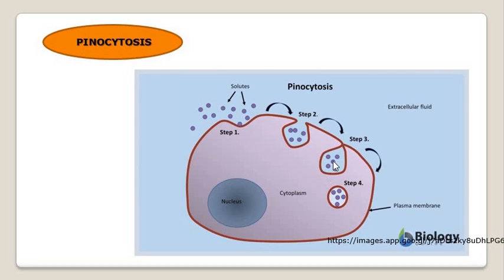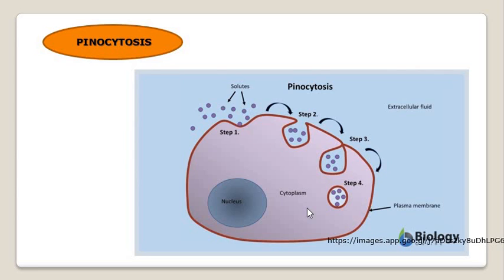Further, the nutrients are released into the cytoplasm, right? And as it is a liquid, no undigested material is going to be left. So whatever nutrients are set free after digestion with the primary lysosome, the nutrients are utilized by the cell for its metabolic activity. So this is the simple procedure of pinocytosis.